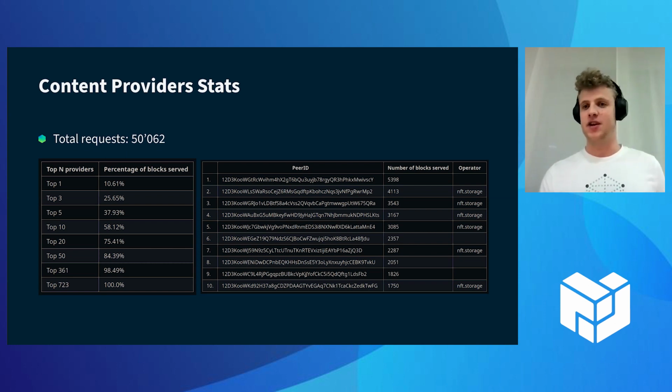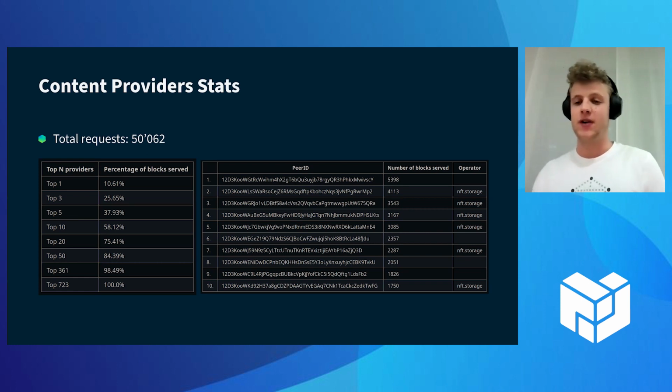So if you're directly connected to only the top 10 providers, you will get a 60% success rate with Bitswap Discovery, which is a lot. And it proves that the IPFS network providers are somehow centralized.